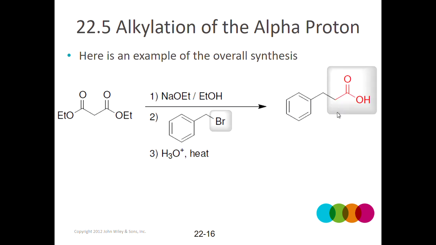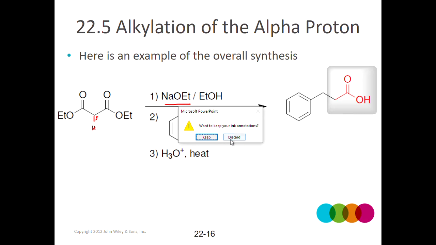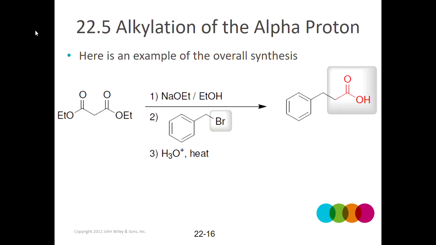So here's a specific example of that process. Again, we're using the base to pick off this proton. That produces an enolate there. Then, in a second step, we're adding an alkyl halide. It's got to be primary, so the enolate can attack it and push out the leaving group. And that's going to produce this.